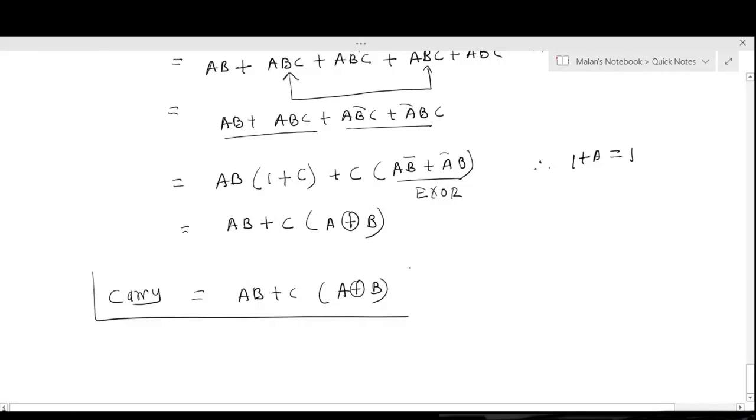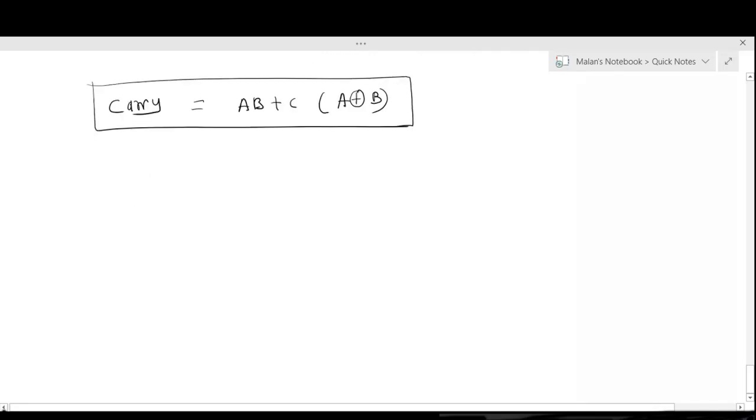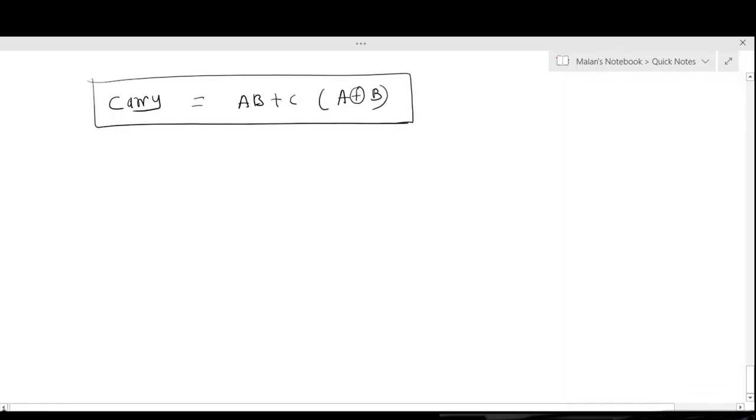Now this simplified expression I can implement using two half adders. The first half adder performs the addition of two inputs.